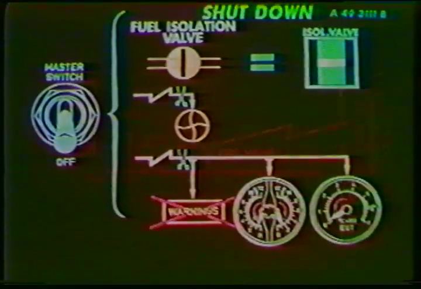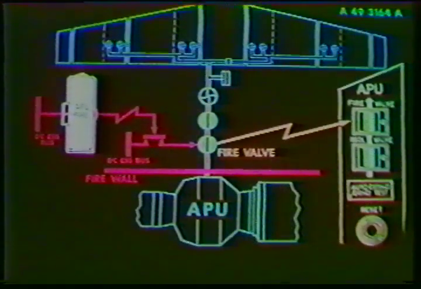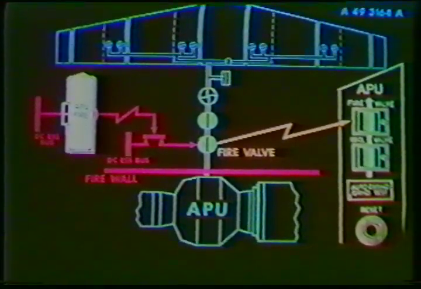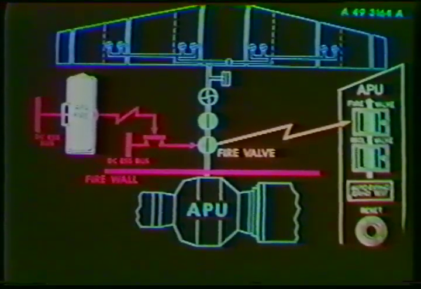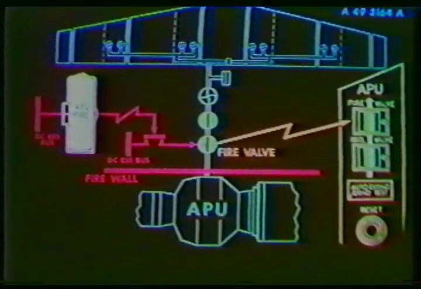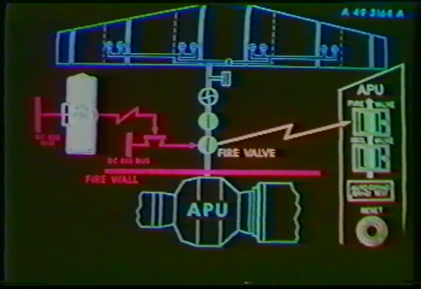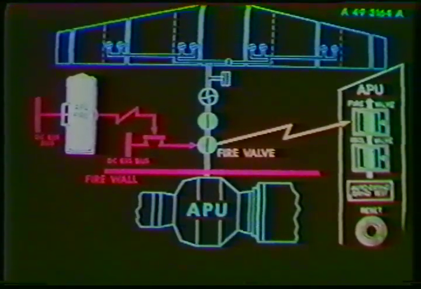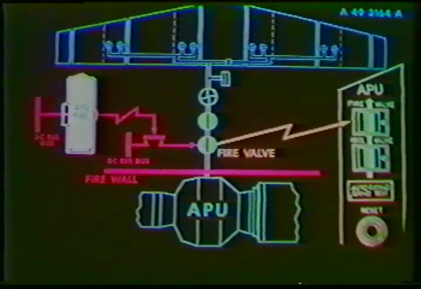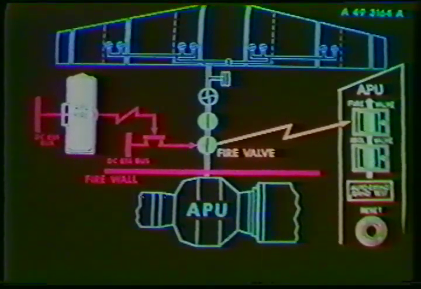An APU fire handle assures the electrical control of a fire valve located between the firewall of the APU compartment and the isolation valve. The circuit is supplied by the DC essential bus bar. The position of the fire valve is indicated by a fire valve magnetic indicator located on the test and monitoring panel.